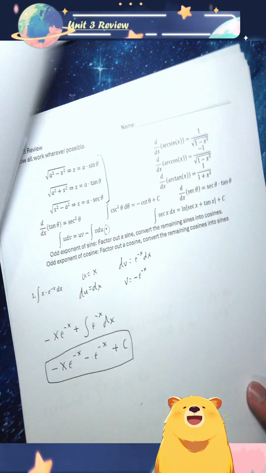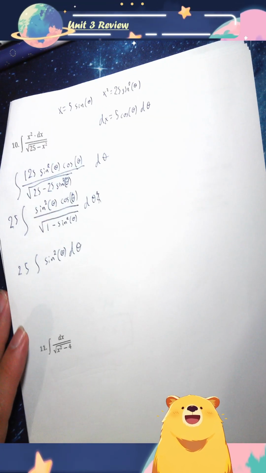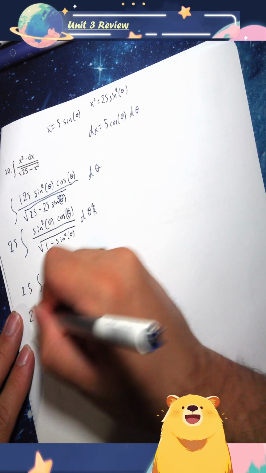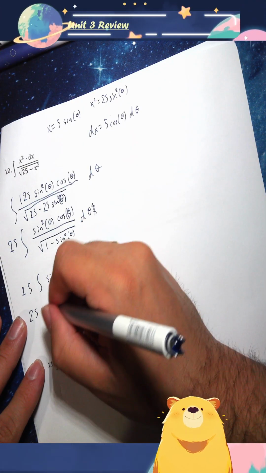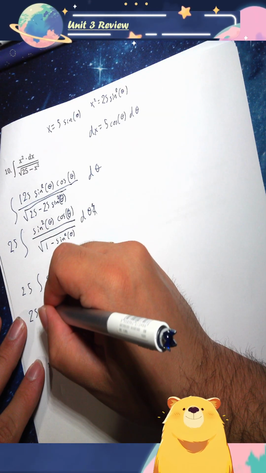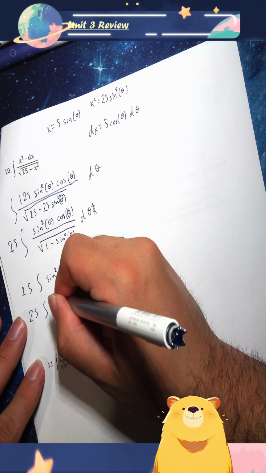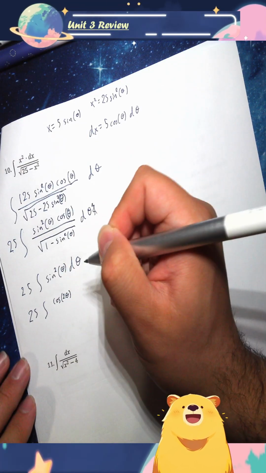And then here, did I write them here? Oh, I didn't. Okay, I'm probably gonna also give you the power rules. For this one, sine squared of theta is equal to, I believe it's 1 minus cosine of 2 theta over 2.